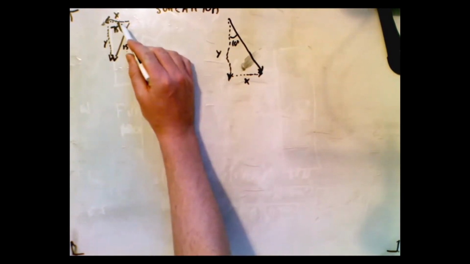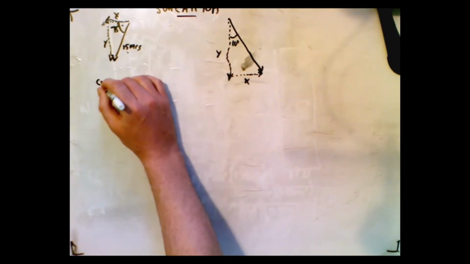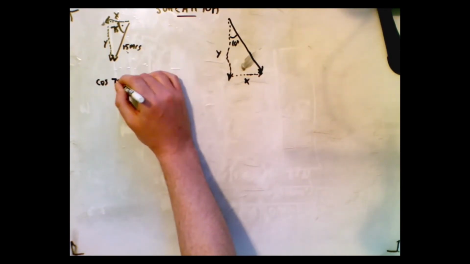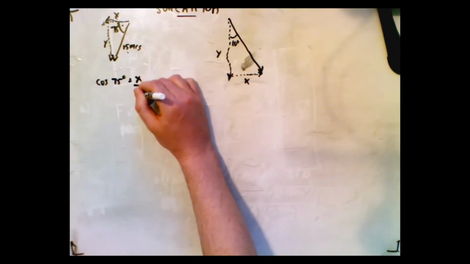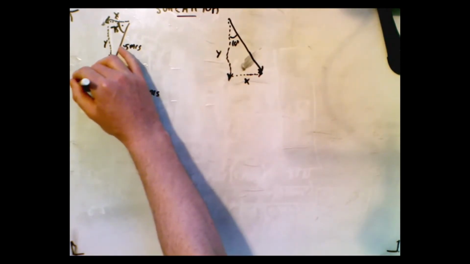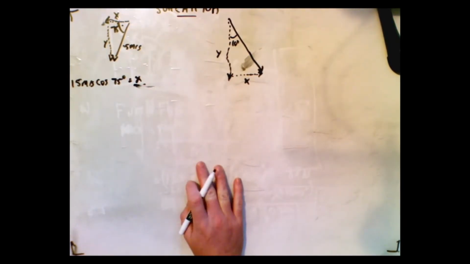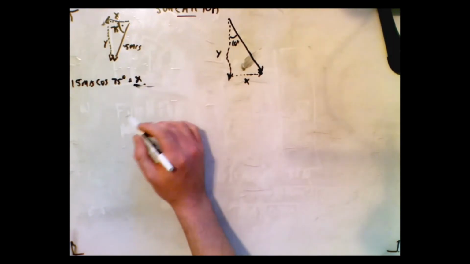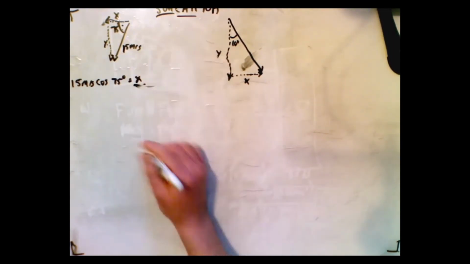So to find X, we have adjacent and we have hypotenuse. So I'm going to set it up. Cos of 75 degrees is equal to adjacent, which is my X, over my hypotenuse, which is 15 meters per second. Move that 15 meters per second up there, and that's how I would find my X component. For my Y component, it's going to be opposite and hypotenuse, which is sine.